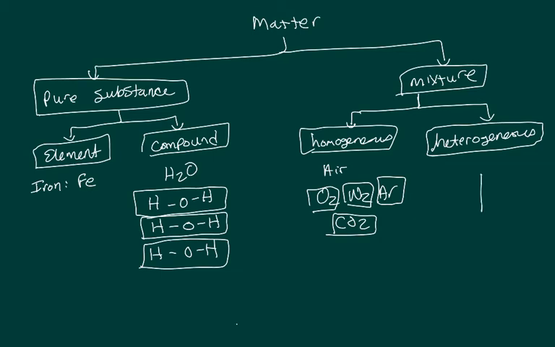Like if you had oil and water, oil is going to sit on the top and water is going to sit on the bottom. If you take a sample from the top layer, it's going to have oil, and if you take a sample from the lower layer, it's going to have water. So you see that the mixture is not uniform throughout, and we have two or more substances.